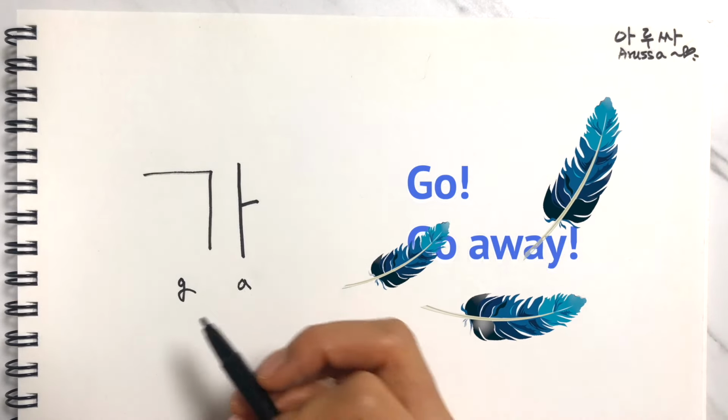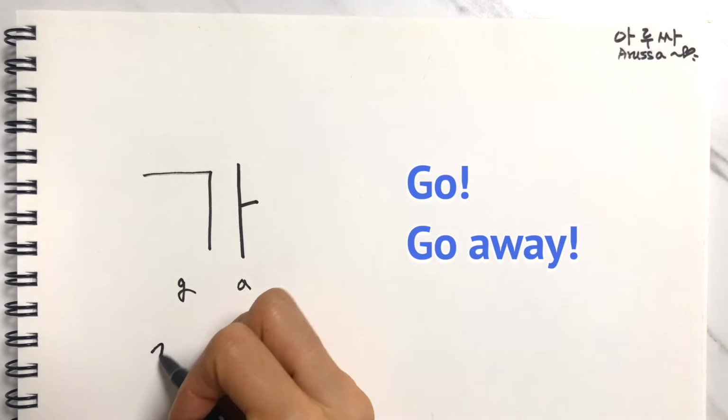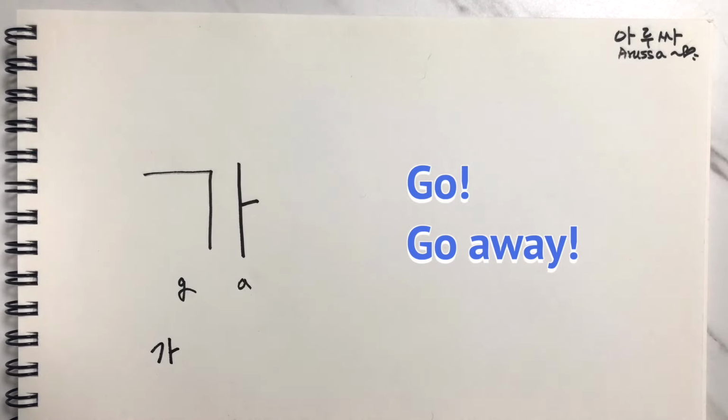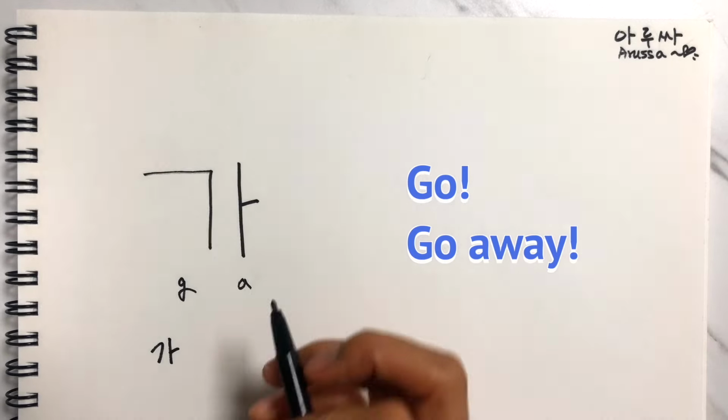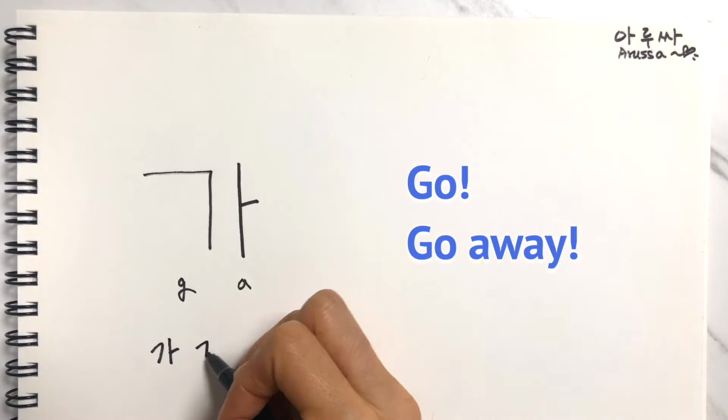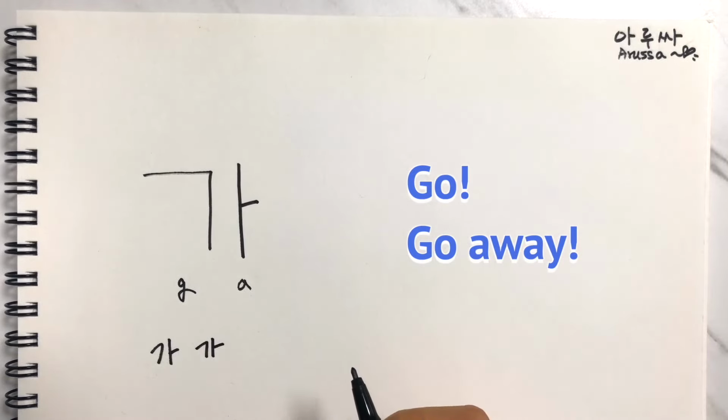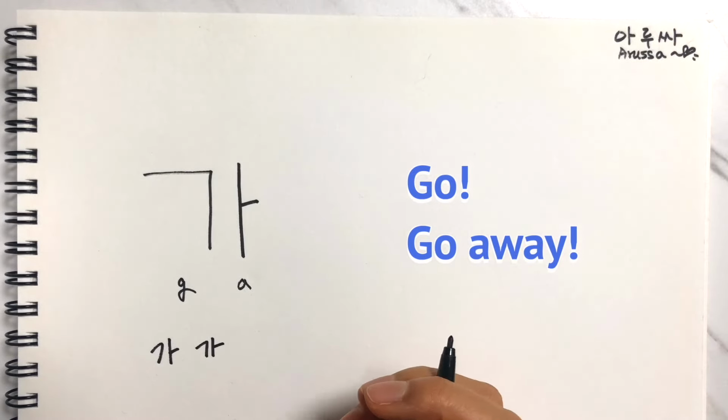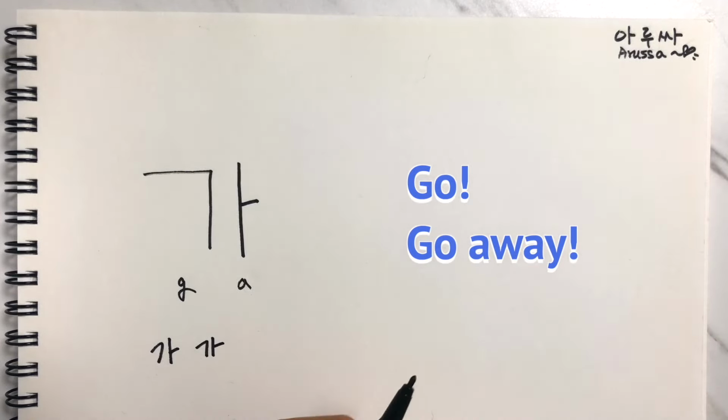But actually, I write ga this way. Well, you can just make your own shape. This would be good, or this is okay, as you wish. Well, your handwriting shows your characteristics as well, so, well, suit yourself.